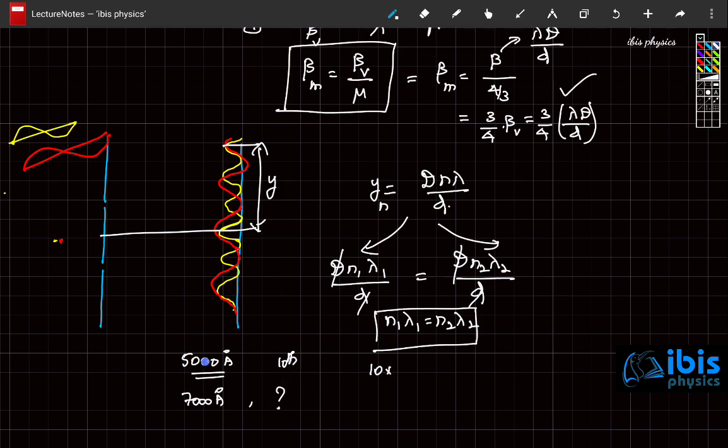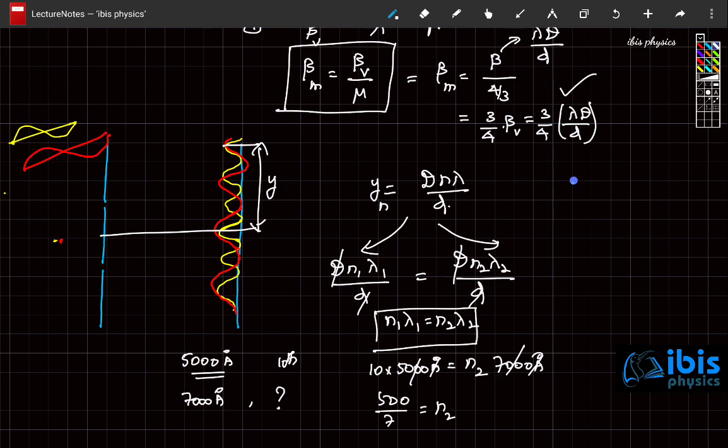So n1 is 10, wavelength 1 is 5000 angstrom, and n2 we don't know which order it is coming in. The 10th bright fringe means 10th order, the 20th bright fringe means 20th order. So λ2 is 7000 angstrom. The 1000 angstrom cancels, so 5 into 10, 50 divided by 7 is equal to n2. Like that we calculate things.